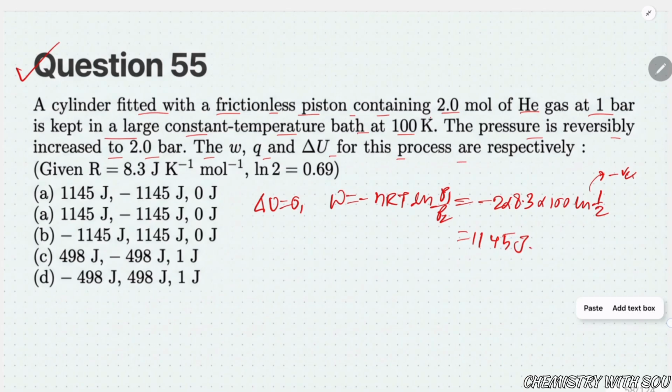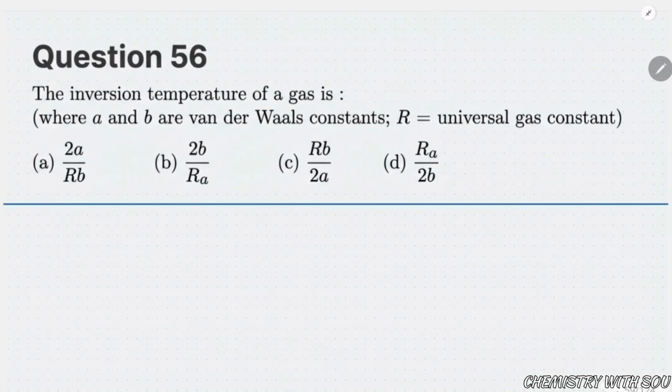So option A is signifying it, and we already know from the first law, del U is Q plus W, and when this is equal to 0, Q is equal to minus W. So both have different signs. Option A is correct.